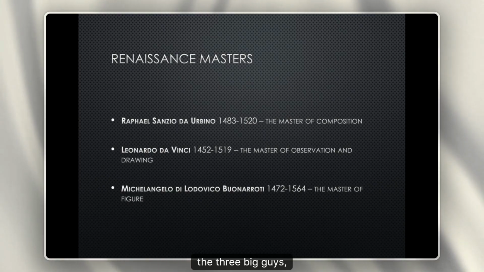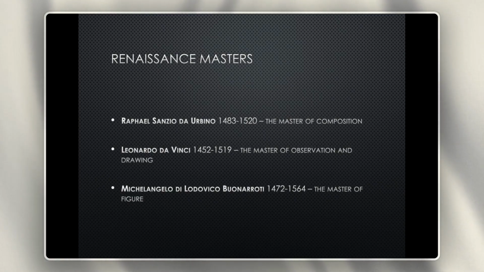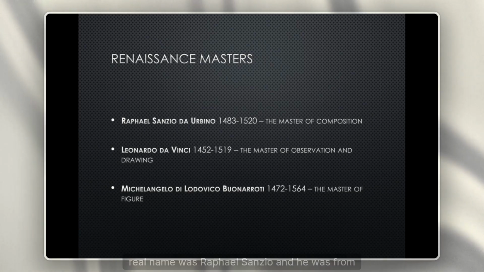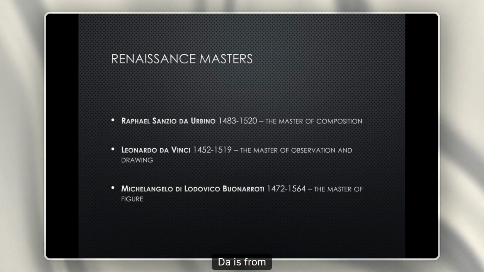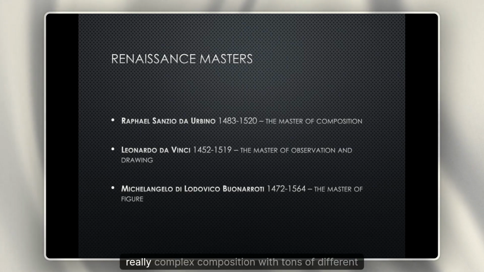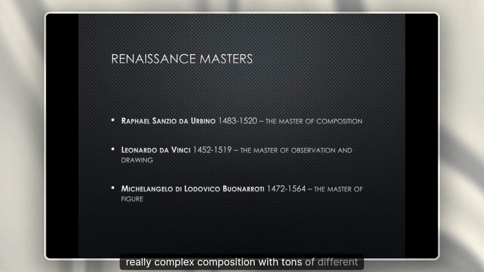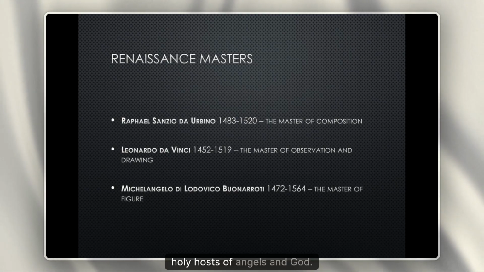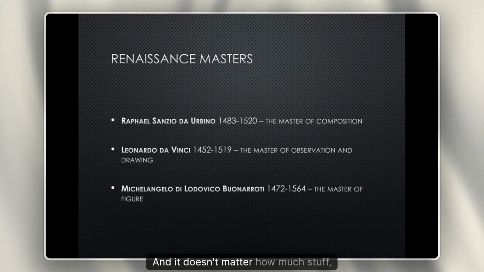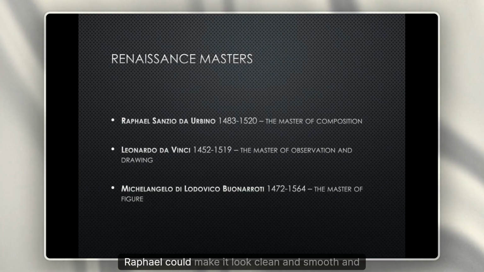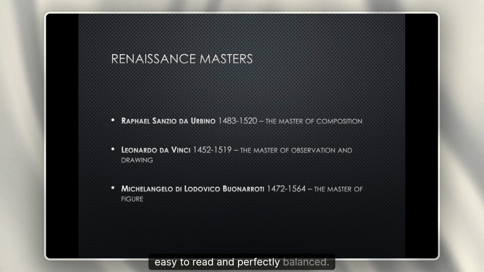The three big guys, we've got Raphael. His real name was Raphael Sanzio, and he was from Urbino. He was the master of composition, a really, really complex composition with tons of different figures, buildings, clouds, holy hosts of angels and God, and it doesn't matter how much stuff you want to put into a composition, Raphael could make it look clean and smooth and easy to read and perfectly balanced.